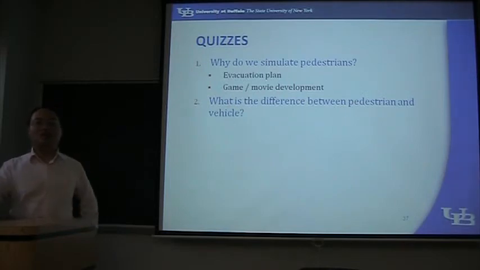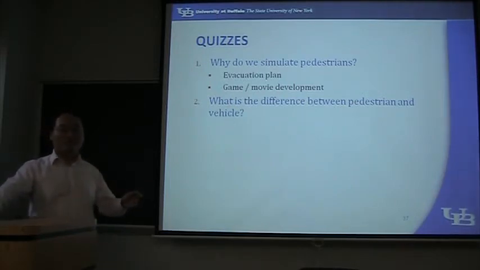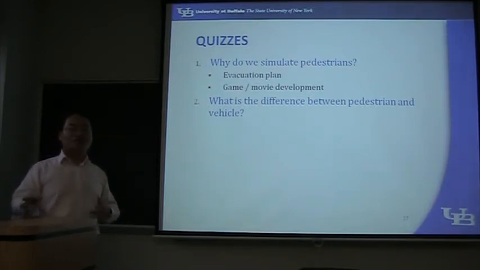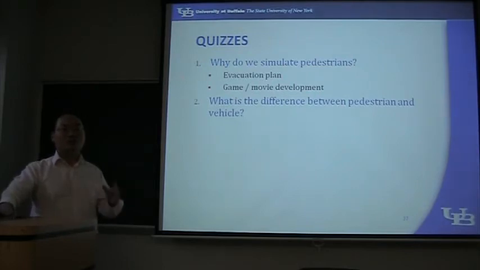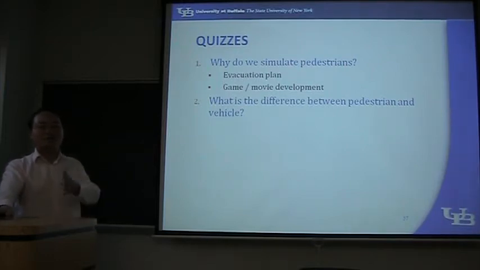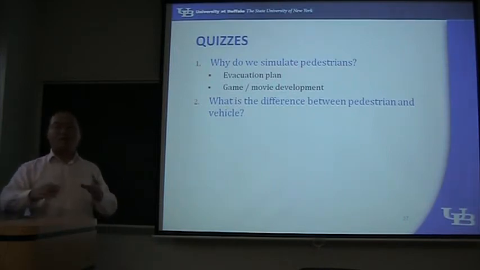That's a good point. So is there any other difference? There are lanes for vehicles, but pedestrians don't have lanes. Yes, vehicles have to drive on lanes. That's why we have lateral movement modeled as lane changing, and longitudinal movement modeled as car following. So basically they are traveling along the lanes, but pedestrians have more freedom.